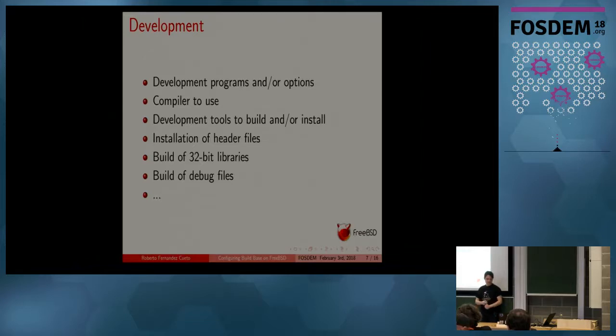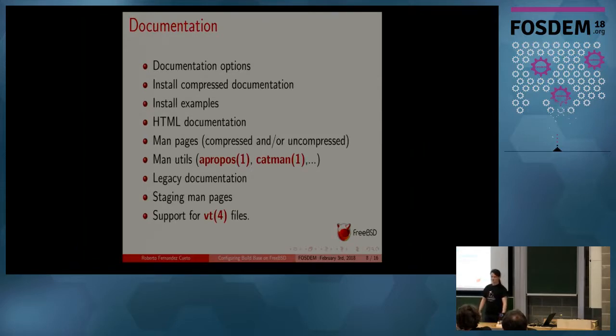If we want header files on the final system, which in embedded platforms are not necessary at all, and they occupy a lot of space. So if we want to build 32-bit libraries and build debug files, the debug information in your platform, or just not. It depends a little bit.